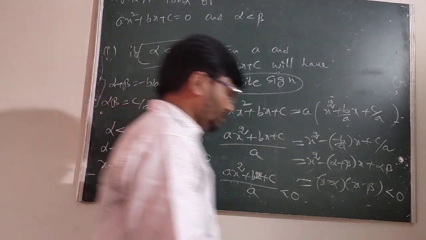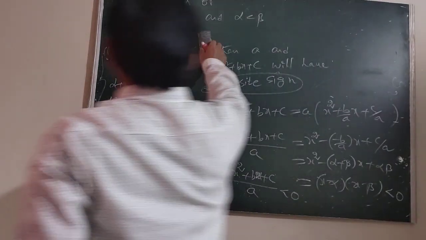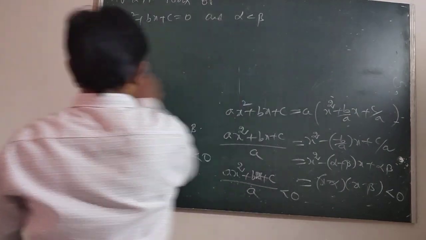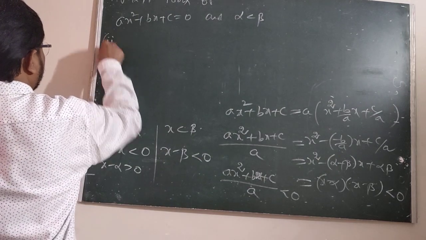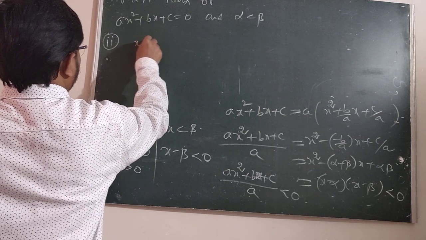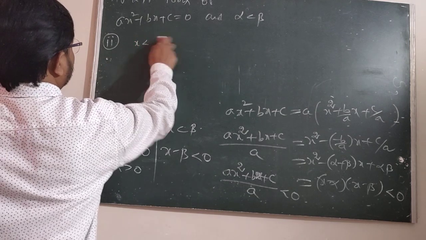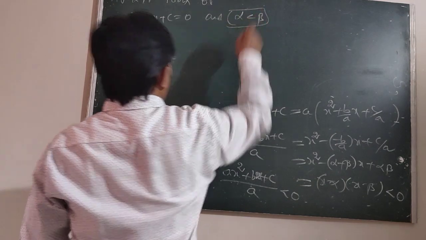Now we are going to discuss the second case. The second one we can prove in two cases. The first one is x less than alpha, where it is given that alpha is less than beta.